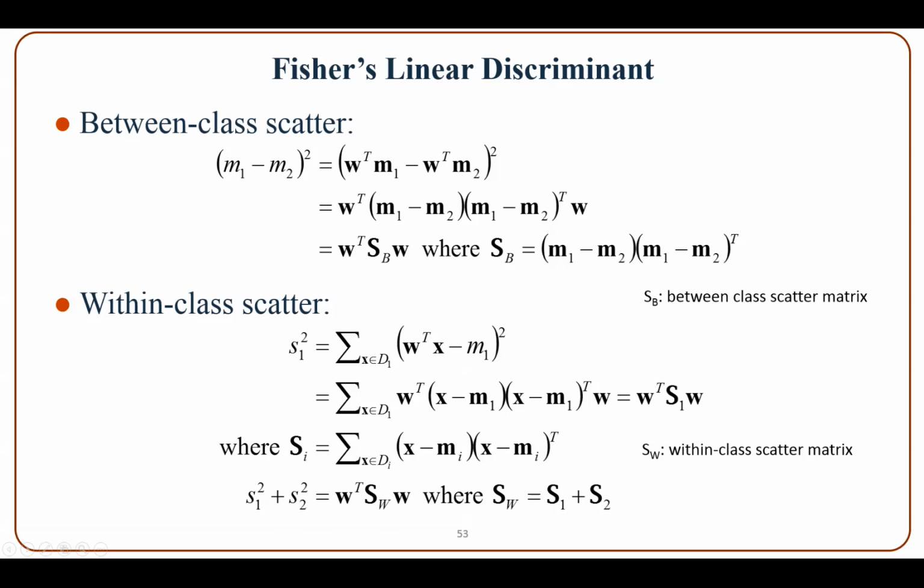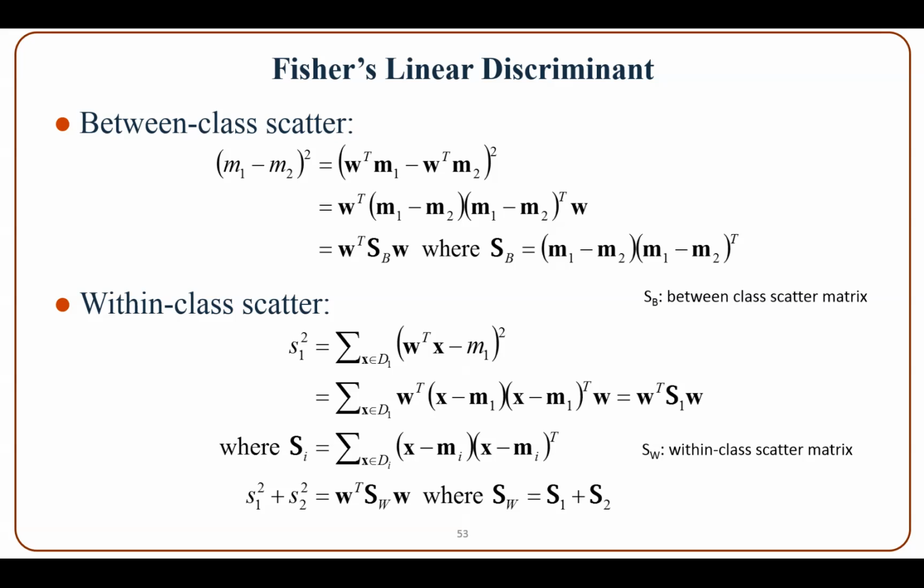The sum of S1 squared and S2 squared is W transpose SW W, and SW is the sum of all Si. In the case of two categories, SW is S1 plus S2.